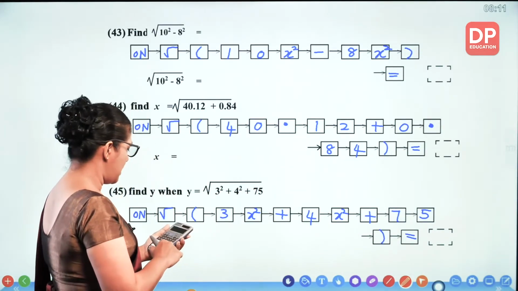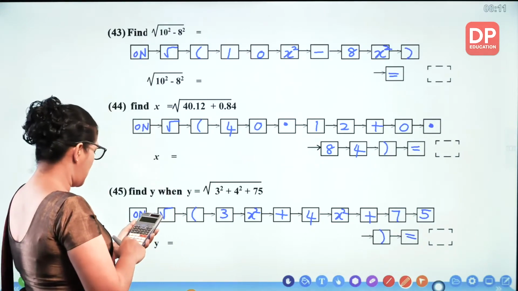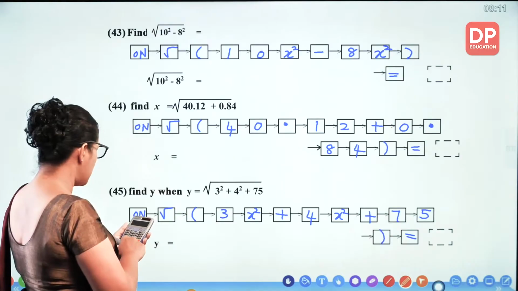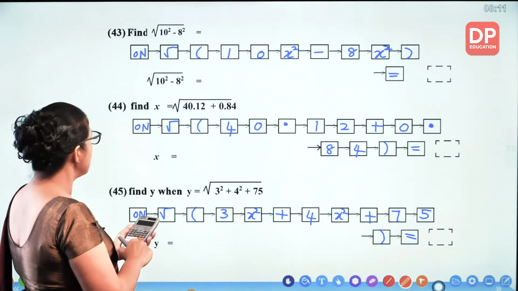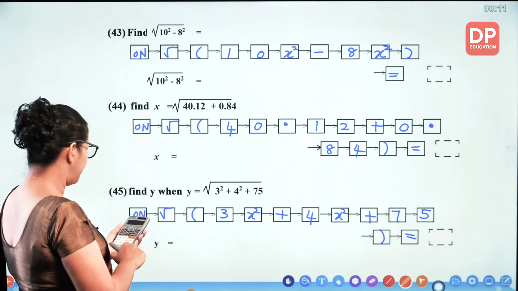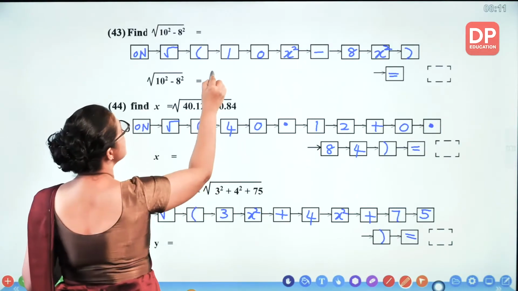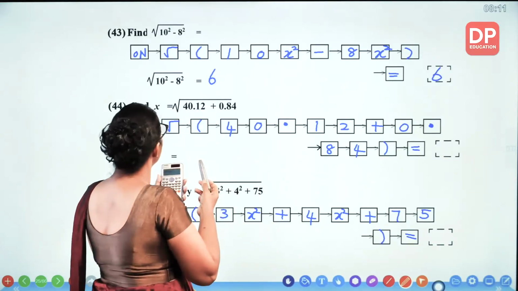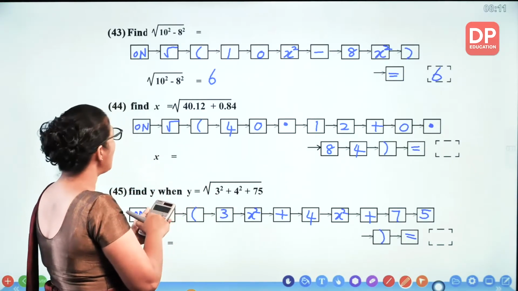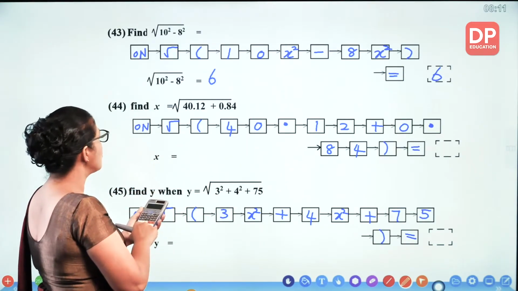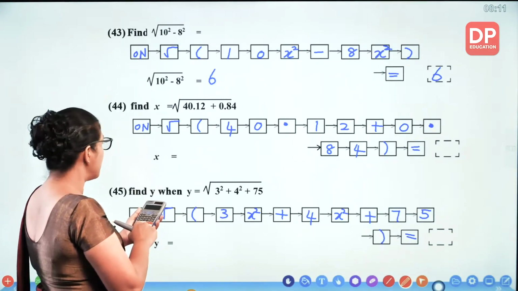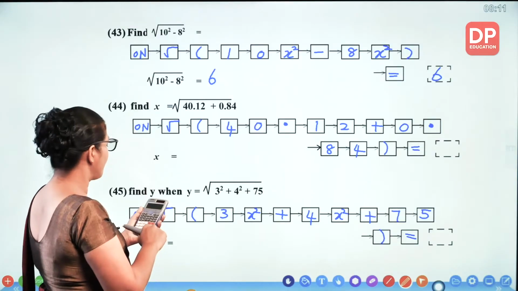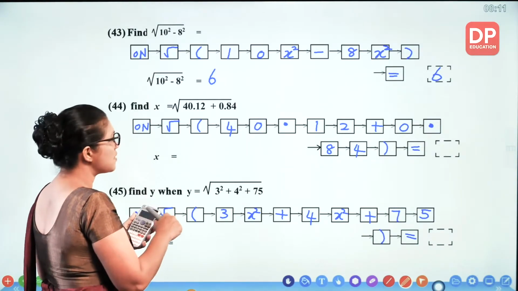Now we'll see what are the values. 10 squared, so square root 10 squared minus 8 squared. Answer is 6. This one, square root of 40.12 and 0.84, 6.4.